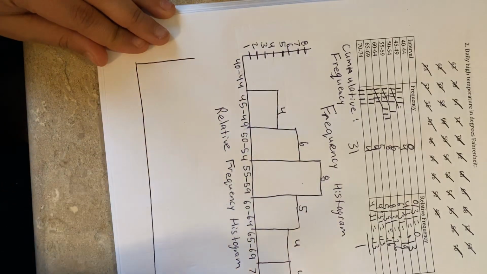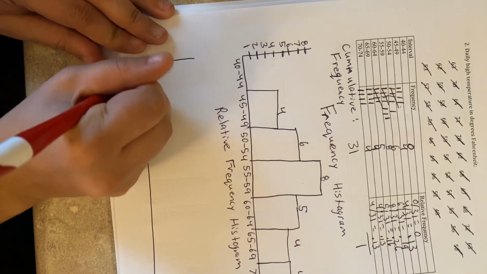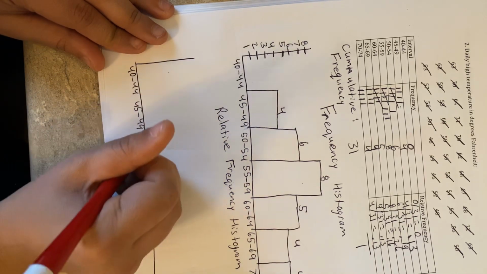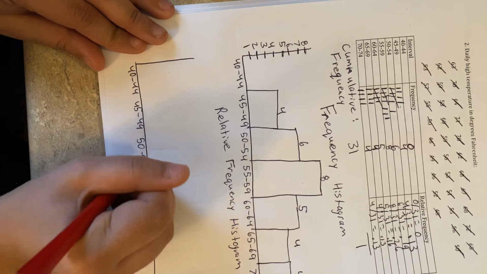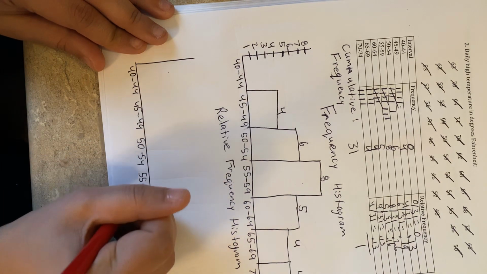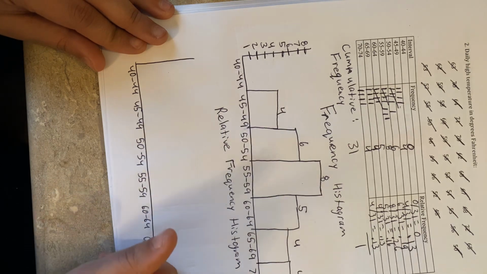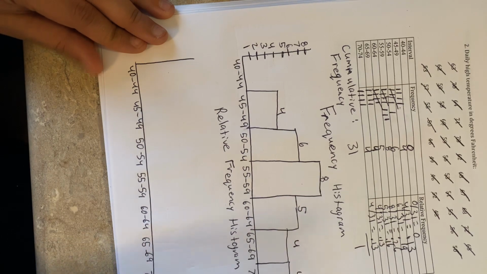Again, I'm going to list on my x-axis 40 to 44, 45 to 49, 50 to 54, 55 to 59, 60 to 64, 65 to 69, and 70 to 74.